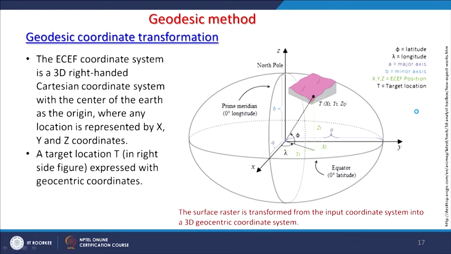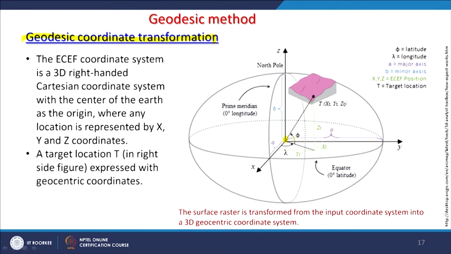So, this geodesic coordinate system, that is the Earth-centered, Earth-fixed coordinate system, the same concept is also used in global navigation satellite systems, where the center of the earth is taken like this. This is a little exaggerated in the sense that on the polar regions it is suppressed just to enhance that part in our diagram.